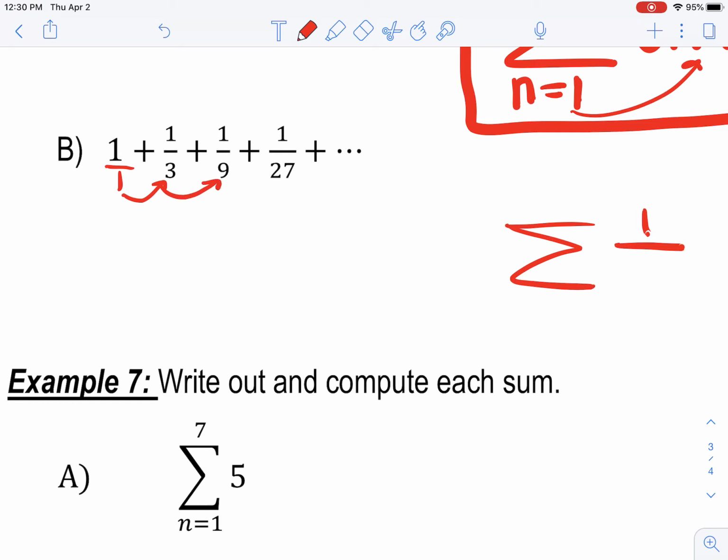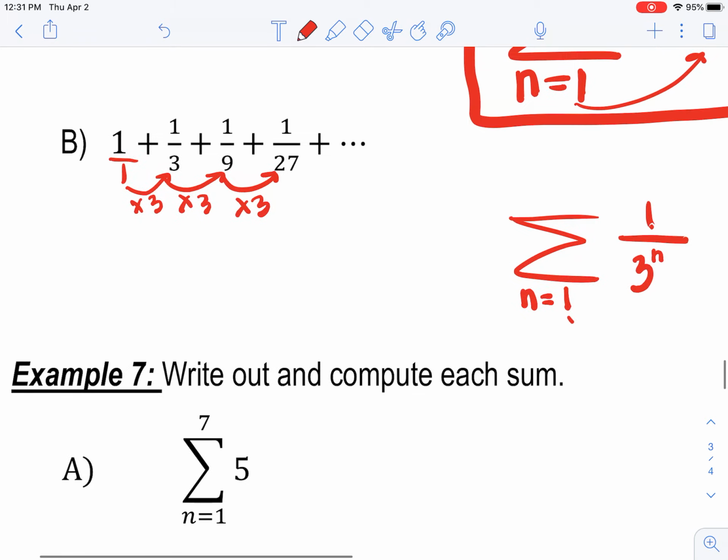Okay, so how do I get from 1 to 3 to 9 to 27? Times 3 times 3 times 3. So now remember, if there's a multiplier of 3, that does not mean 3n. That means it's an exponential function with a base of 3, and then your exponent is going to be n. Now we can change that exponent to n minus 1 or n plus 1 based on what we're plugging in first. So I'm going to say where n is equal to, and I'm going to start by saying that I'm going to plug in 1.